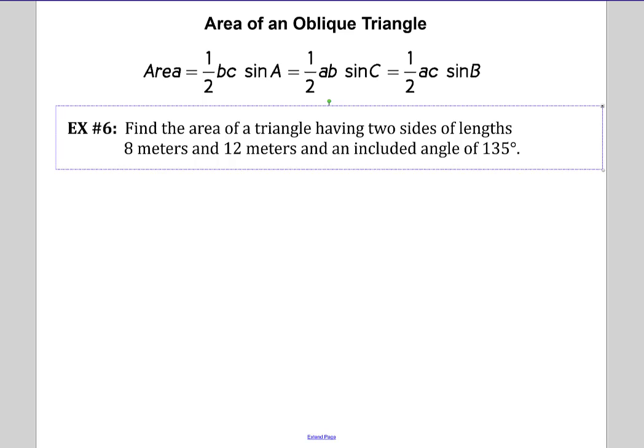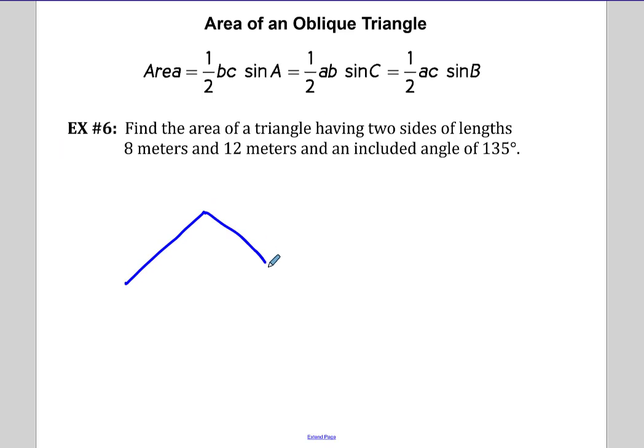And then our last two examples, you've got a formula for an oblique triangle, and it doesn't really matter too much how you set that up. If I have an angle that's 135 and I have two side lengths, 8 and 12, find the area.